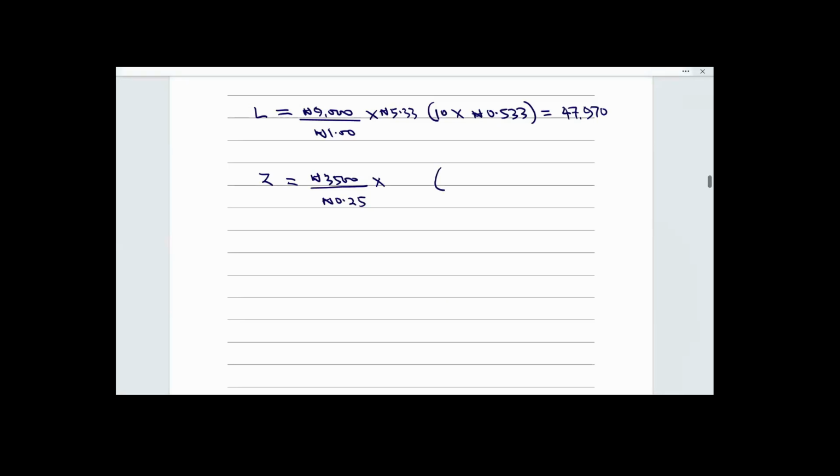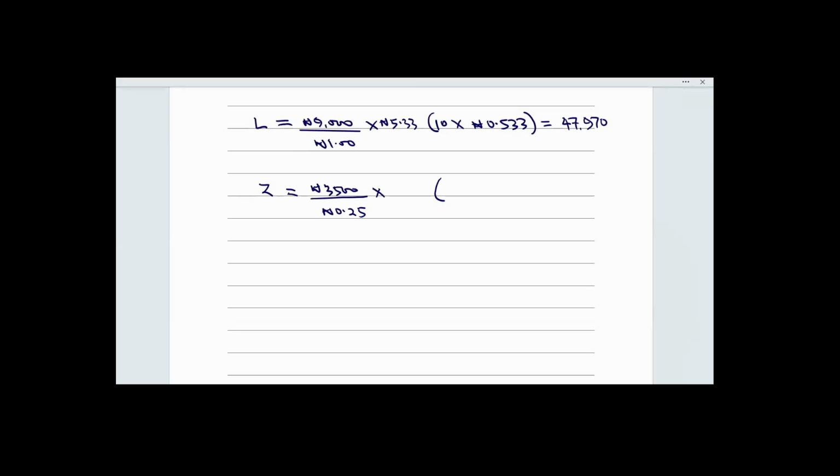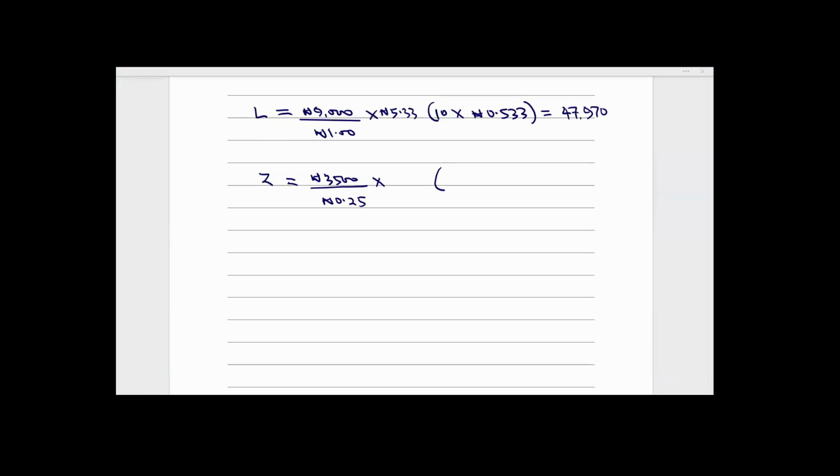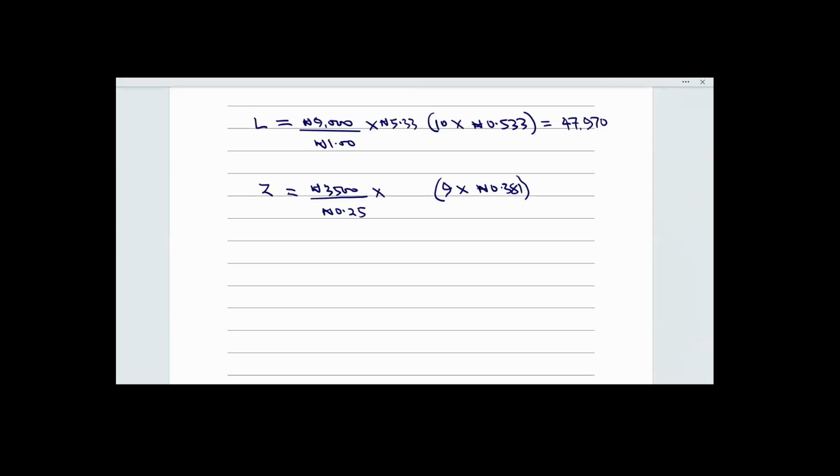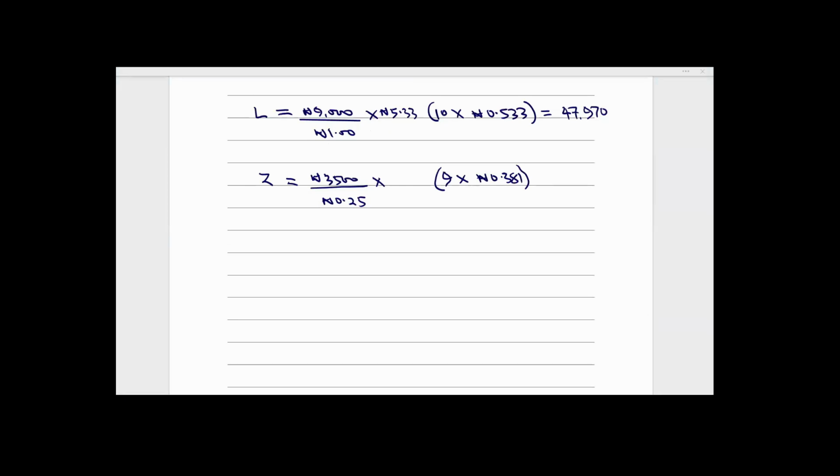The price earning ratio of Zambezi is 9, multiplied by earnings per share of 38.1, that is 0.381. That will give us 3.43, approximately.